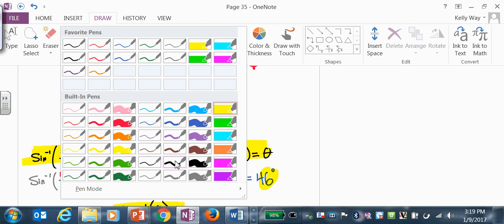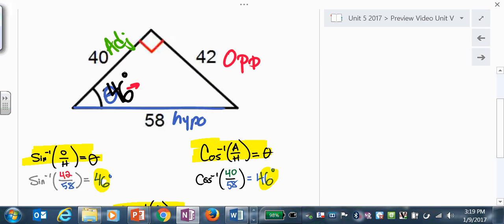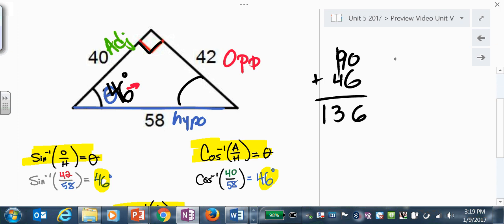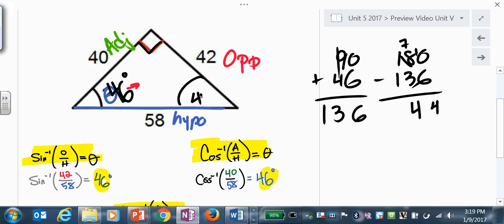You're going to realize that if this is 46 degrees and that's 90, to solve for this, you don't need SOHCAH TOA. You just add and take away from 180.